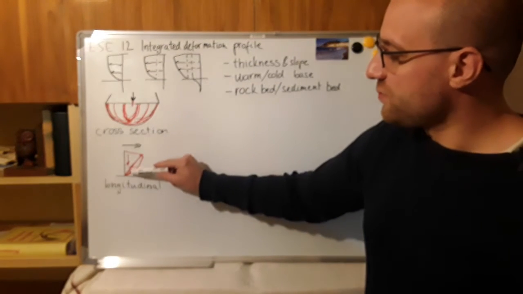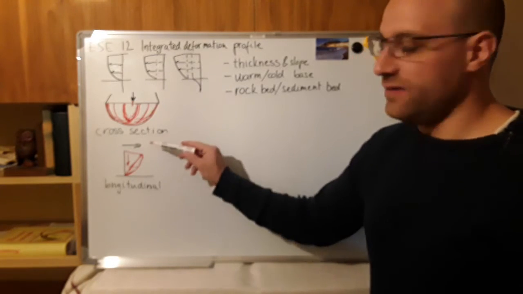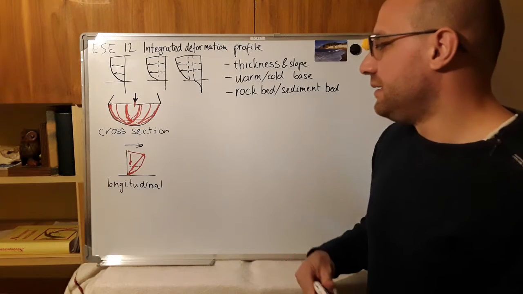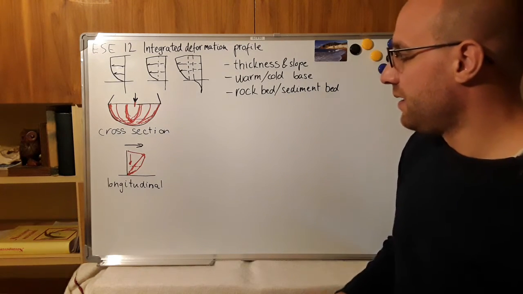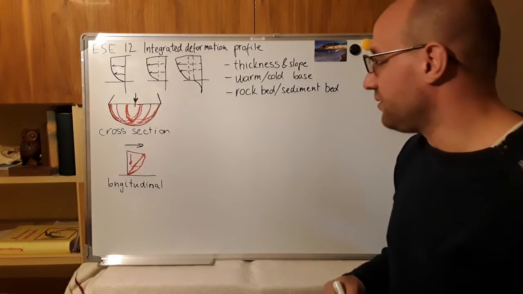So that's why we just want to know that the ice is not going to be moving in an equal way depending on where we are within the valley, or within this cross section, or in a longitudinal pattern.